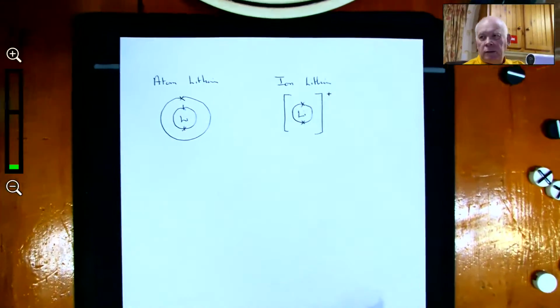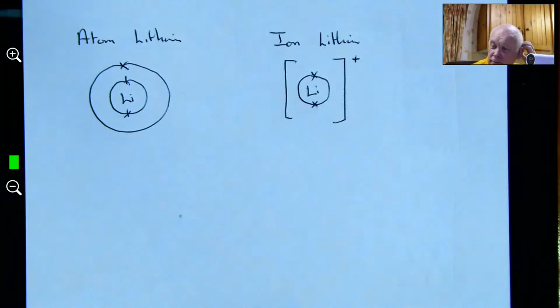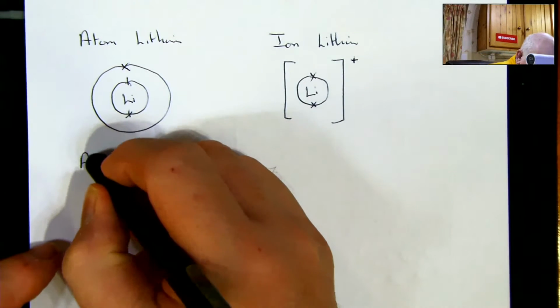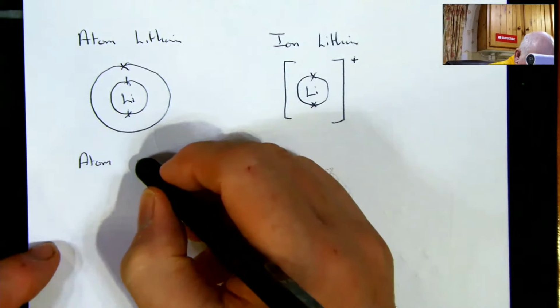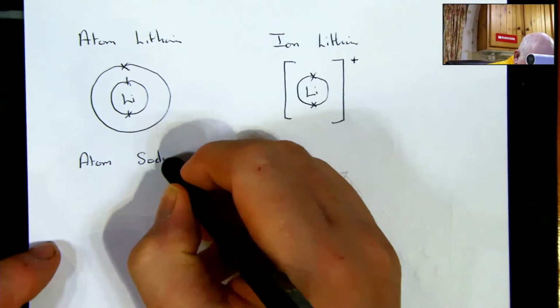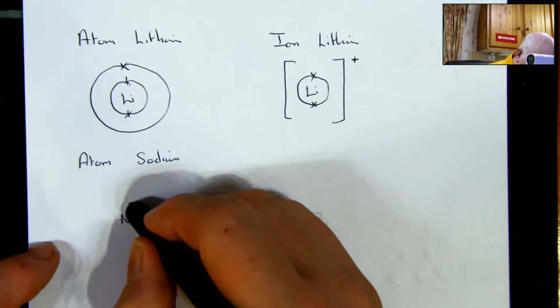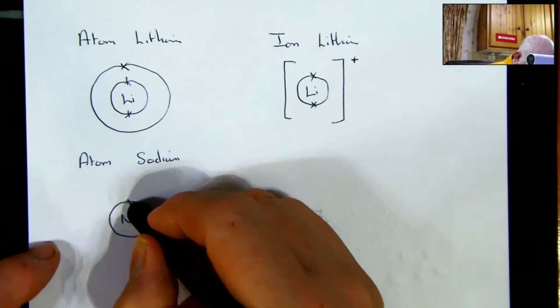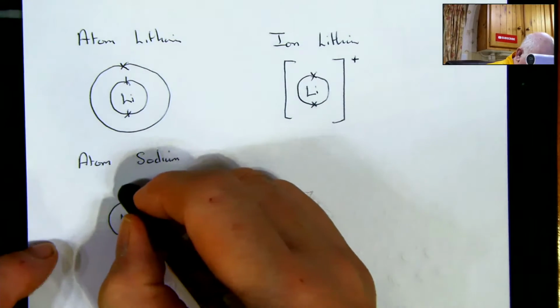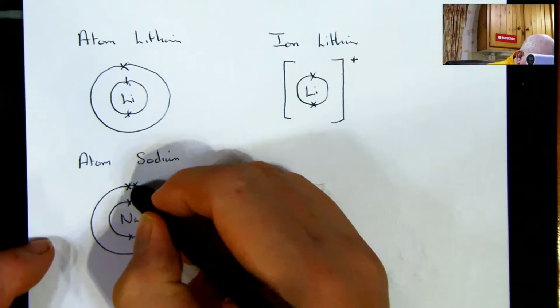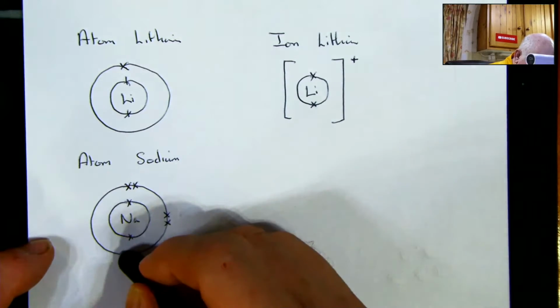It is an ion. Let's move along and have a look at a different atom and see what we can do with that one. Let's take the atom of sodium. If we take the atom of sodium, it's got 2 electrons in the inner shell. We've got a full next shell.